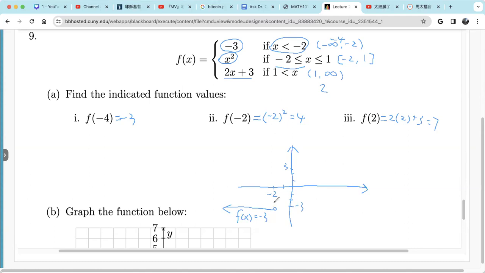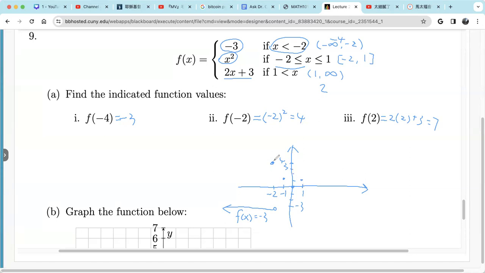A constant function. Now, from -2 to 1, including -2 and including 1, let's see, this is 1. We have a quadratic function. -2 squared is 4. So let's see, this is a 4, to have this point. Then -1 squared is 1 at this point, right? 0 gives 0, 0. 1 squared is still 1.